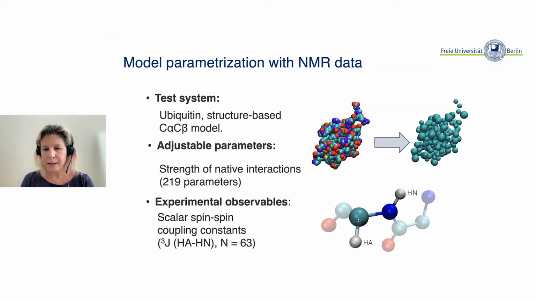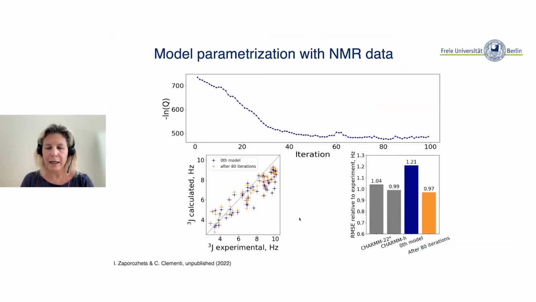So not just the carbon alpha model: we take the carbon alpha atom of each residue, and we also take the carbon beta atom if it's not glycine. And we use the scalar spin-spin coupling constants. And you can see here, after many iterations, the likelihood converges, and you get an agreement with the experimental data that is comparable to what you get with atomistic force fields, if not better.